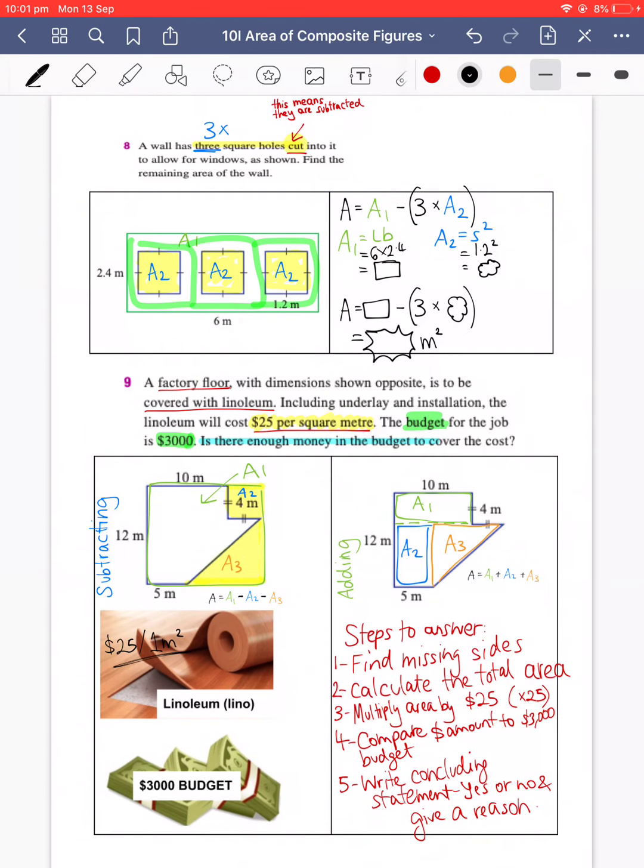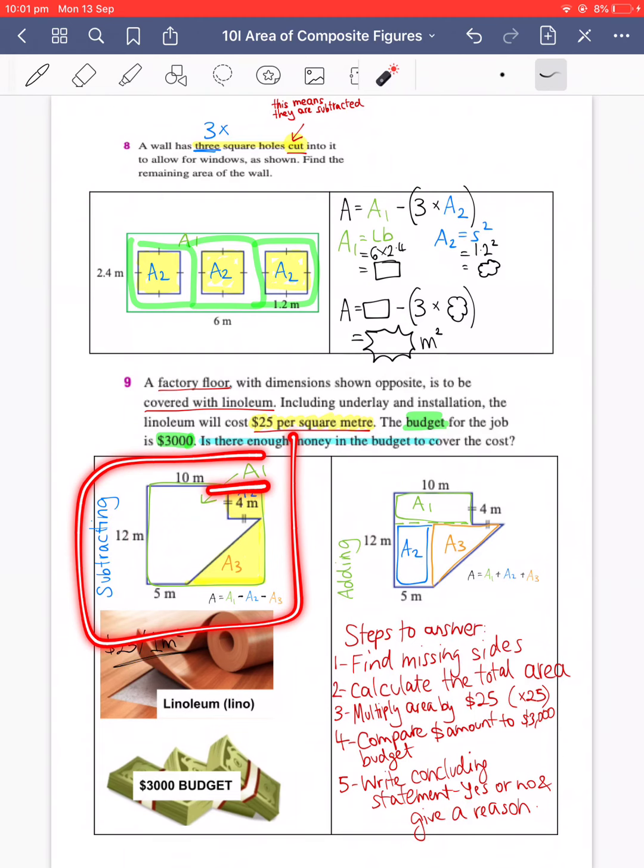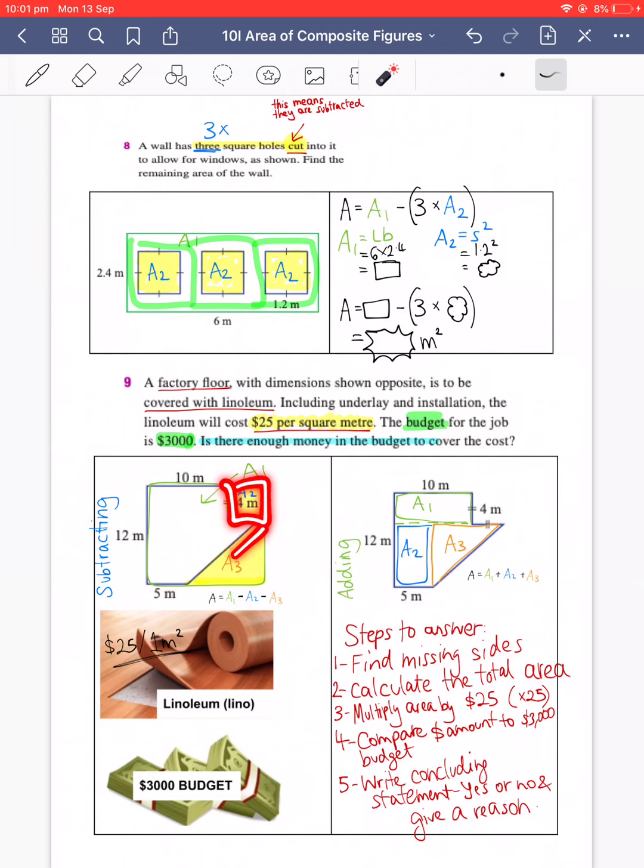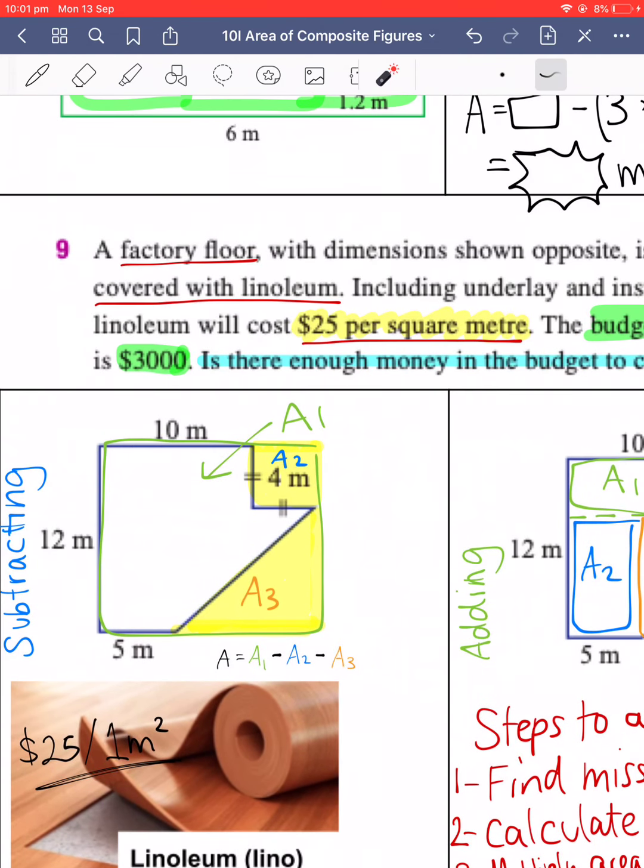So when I looked at this diagram, there's actually a couple of different ways you can do it. You can do it via the subtracting method or the adding method. So if you're doing the subtracting method, try and do a big shape and then see if you have any smaller shapes that you can cut out from. So for this one, I've given you a massive hint.